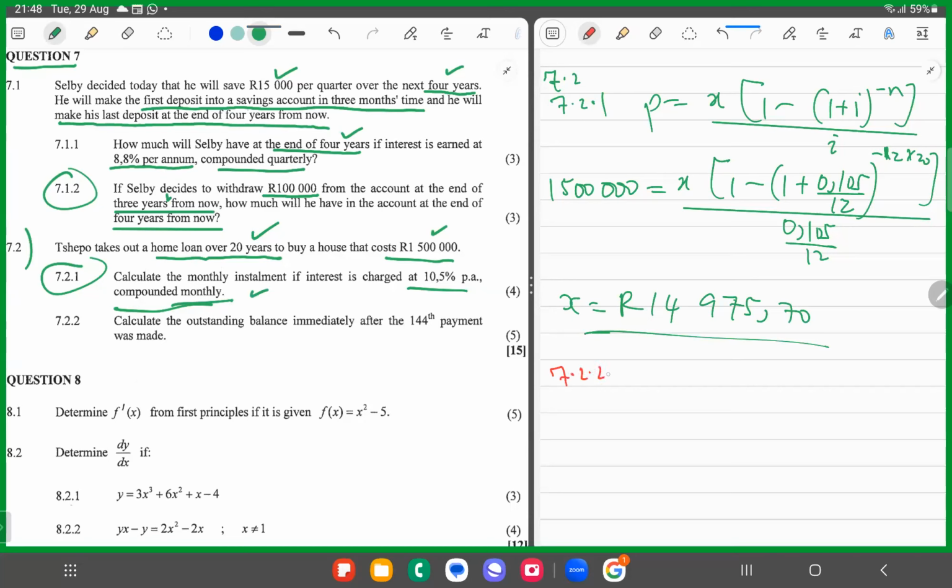7.2.2. Calculate the outstanding balance immediately after the 144th payment was made.